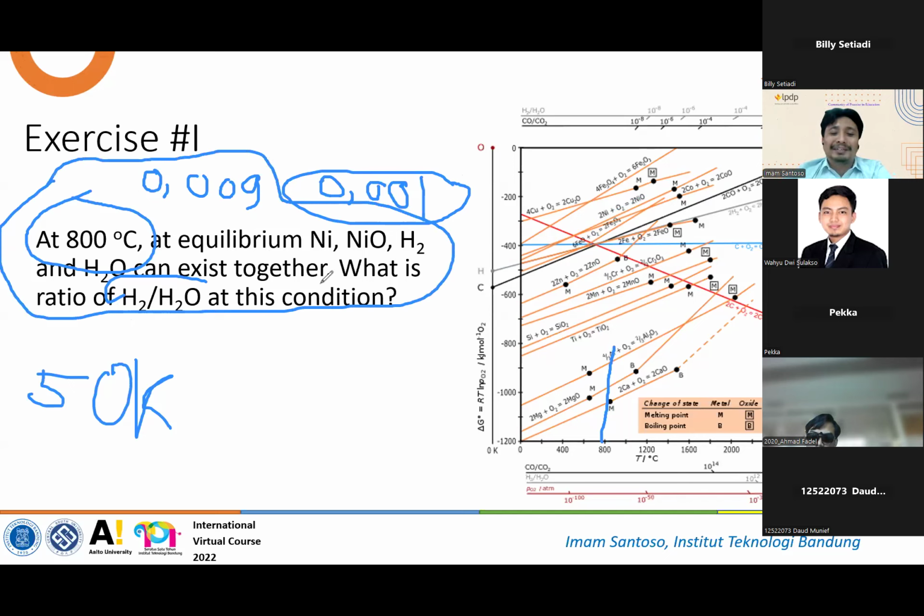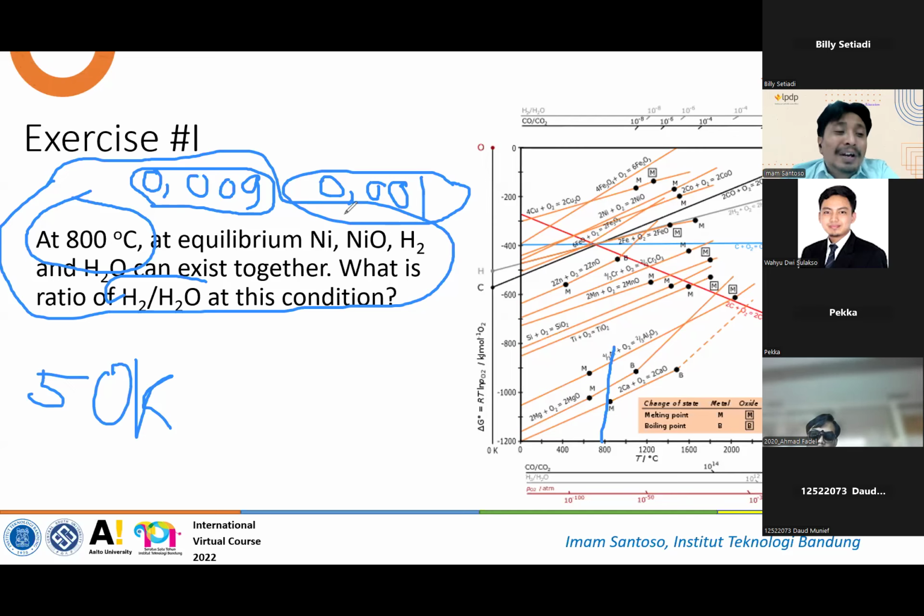I think if the equilibrium value is exactly 0.001, then it is in equilibrium.